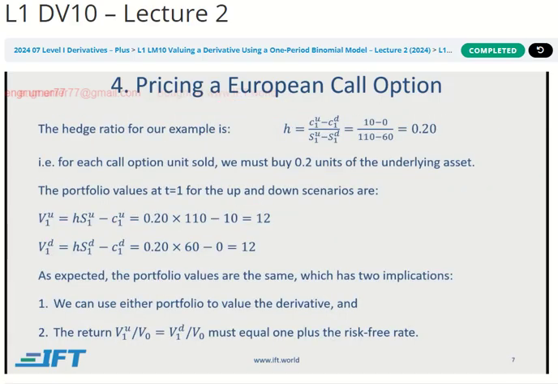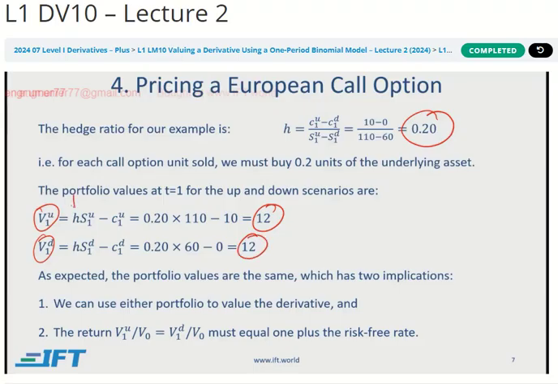And that is what is being done over here, that first we calculate the hedge ratio, and then we calculate the value when it is up and the value when it is down. And because we have made them equal to each other in both scenarios, we are getting an equal value.